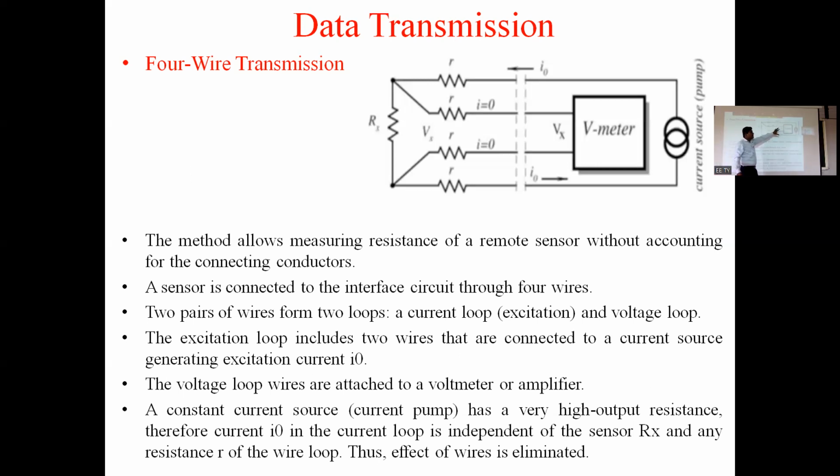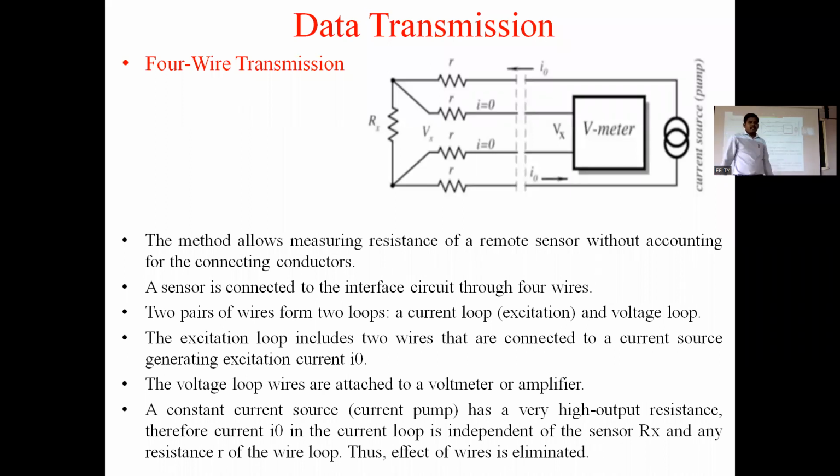आणि व्होल्टमीटरचा internal impedance is high as compared to this resistance, so this resistance can be neglected. So current will not be flowing through this voltage loop.